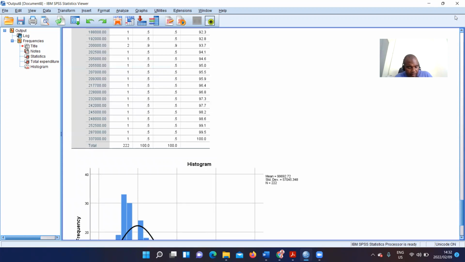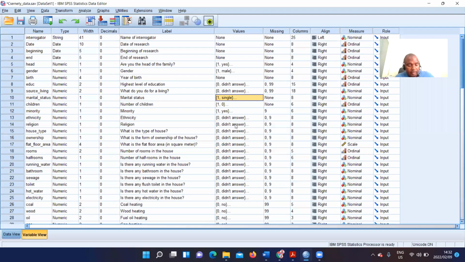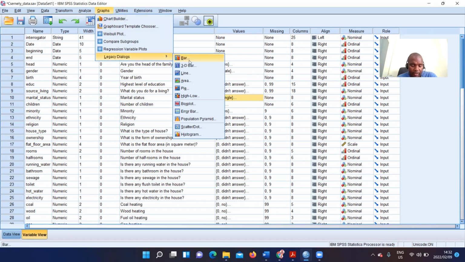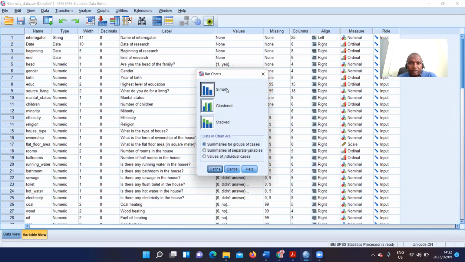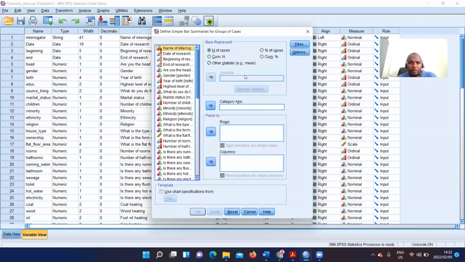And then as a student interested in analysis, we can do quite a number of things. Like we go to bar, we go to simple. We click on percentage of cases.